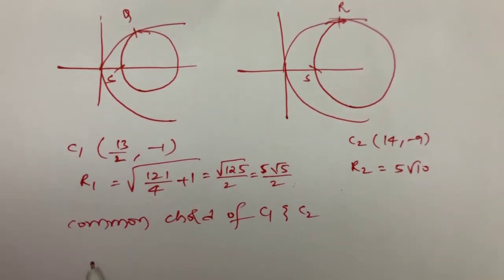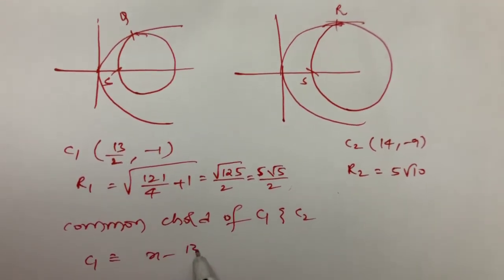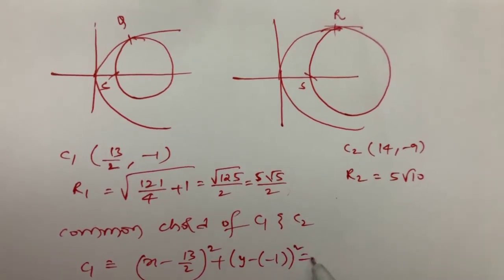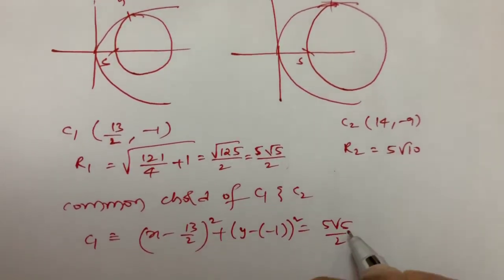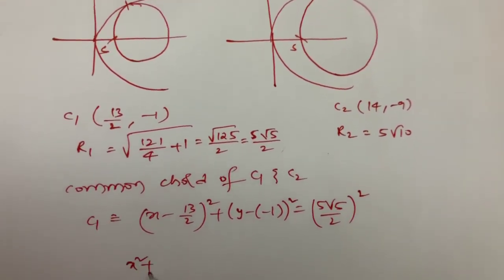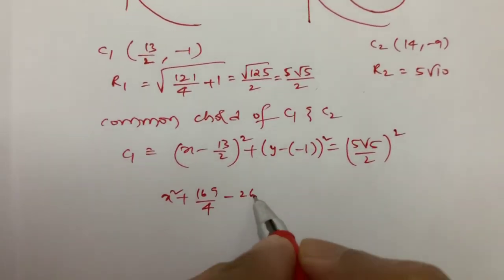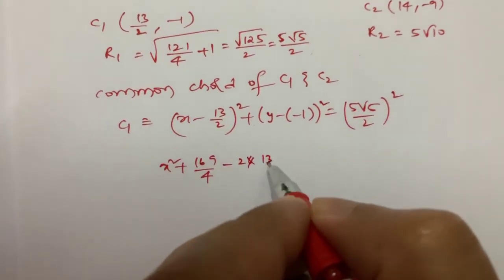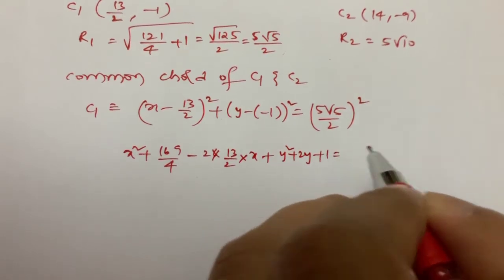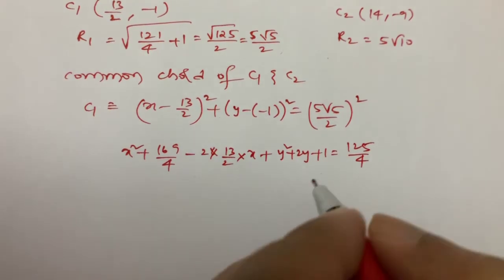So the circle equations are: circle C1 is (x minus 13 by 2) whole square plus (y minus 1) whole square is equal to (5 root 5 by 2) whole square. So this is x square plus 169 by 4 minus 2 into 13 by 2 into x plus y square plus 2y plus 1 is equal to 125 by 4.